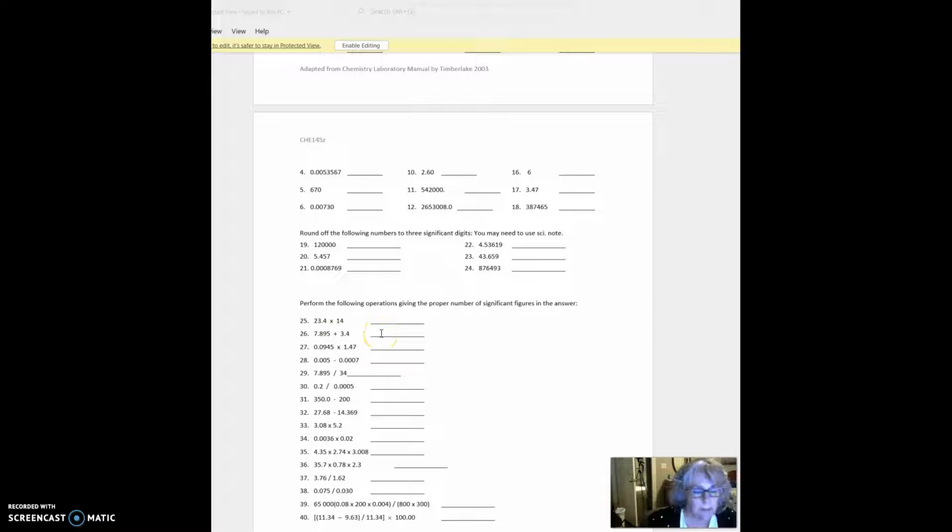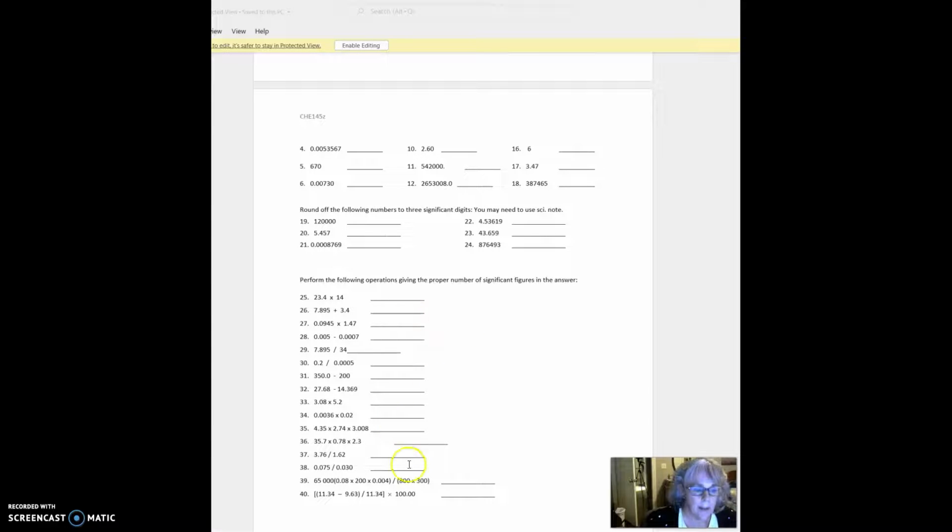Your answer can't have any more than 2 significant figures. That is because these are measurements. This isn't math class, because your math teacher doesn't want you to round like that. But I do, because we have measurements here. Okay? So you want to answer these and then round them.